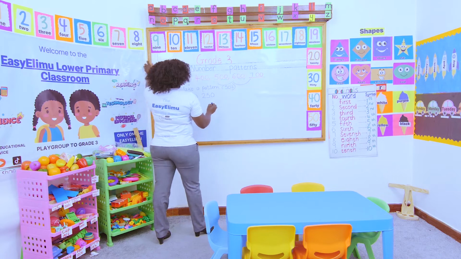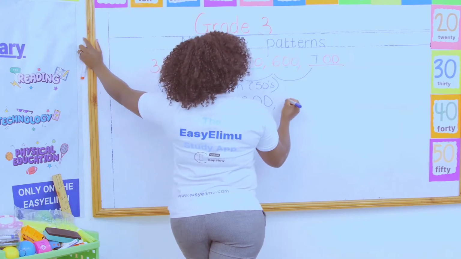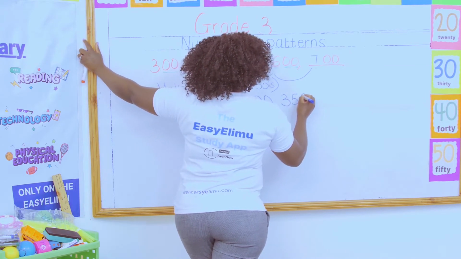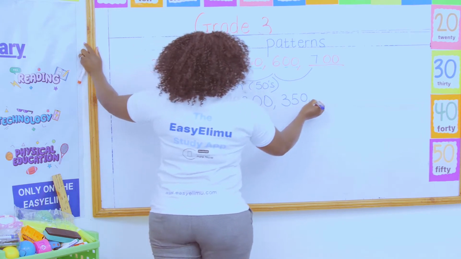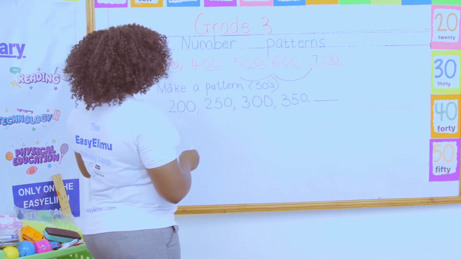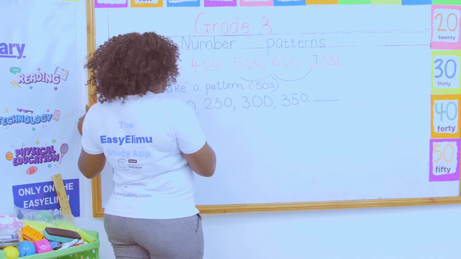250. Then a 300. Then 300 plus 50 gives me a 350. And lastly, what will I get as my missing number? Look at the numbers. Do you have a constant number here? We don't have a constant number here.